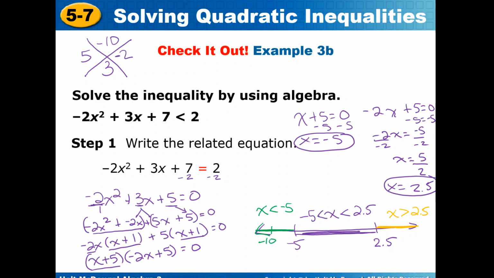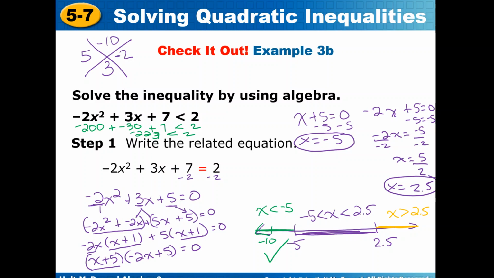So 10 times 10 is 100, times 2 is going to be negative 200 plus negative 30, because negative 10 times 3 is negative 30, plus 7. And we want that to be less than 2. So negative 200 plus negative 30 is negative 230 plus 7 is negative 223, which is less than 2, and that is true. So we're going to put a check there.